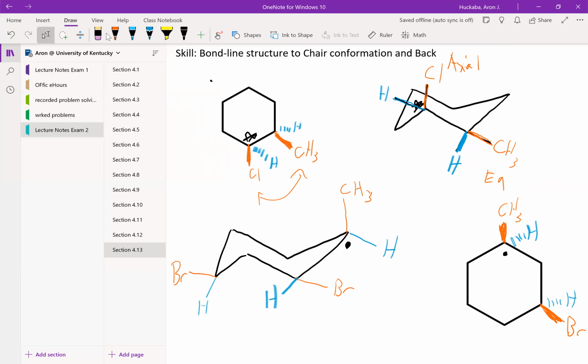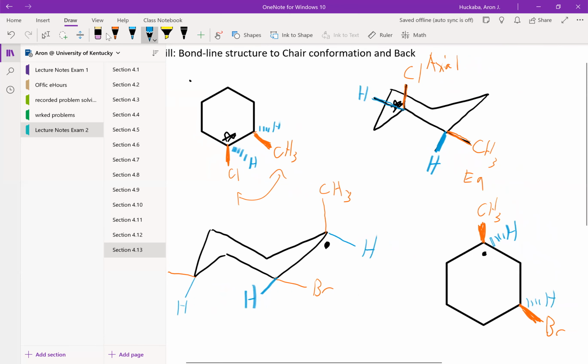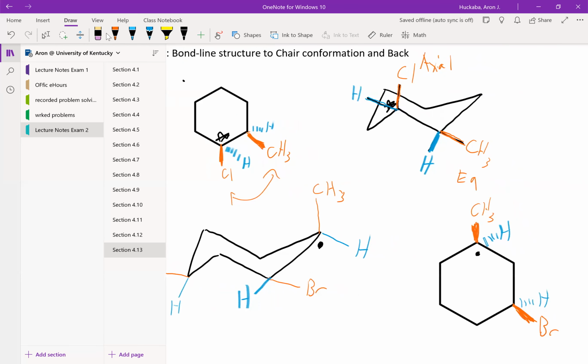The bromine that is 1, 2, 3, 4 places away from the original carbon that we chose. Oh, I drew that in the wrong place, the second one. I'm sorry. I put it on the third carbon instead of the second one. That's silly. Here we go. This is where the bromine goes.